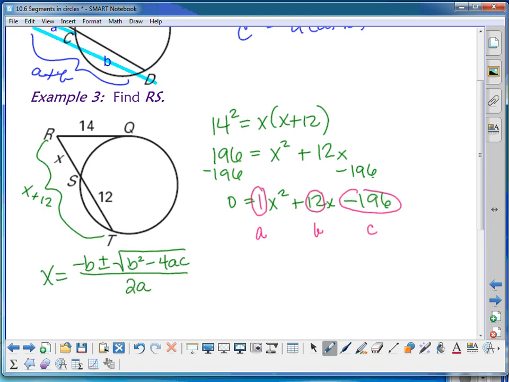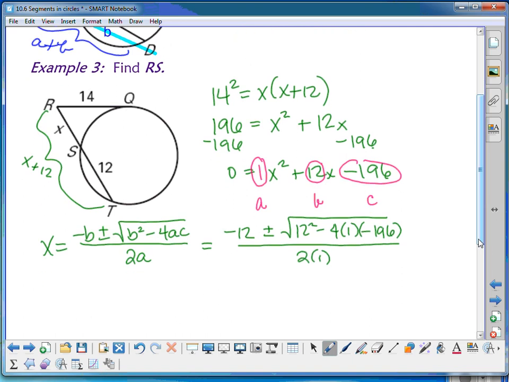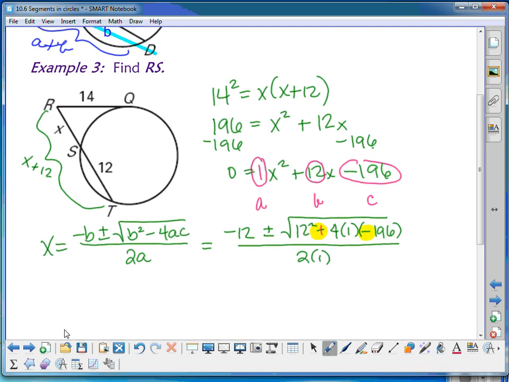So now I'm going to plug in those values of a, b, and c into that formula. So negative b is going to be negative 12 plus or minus the square root of b squared, so 12 squared, minus 4 times a times c, all over 2 times a. Alright, so first of all, you want to be careful with your negatives. Notice here I have a negative and a negative, so that's going to end up becoming positive right there.